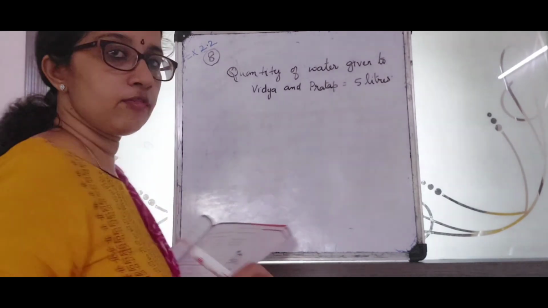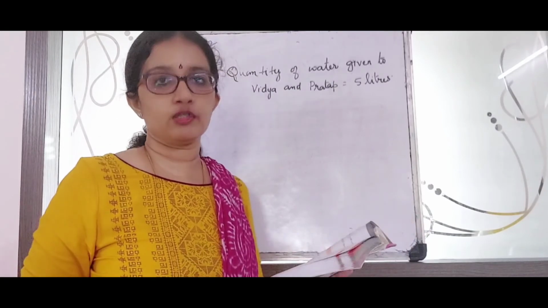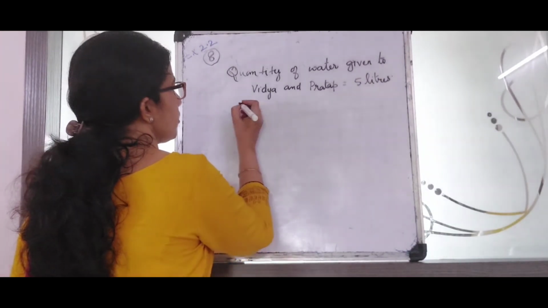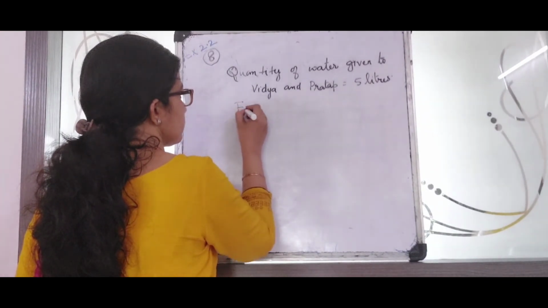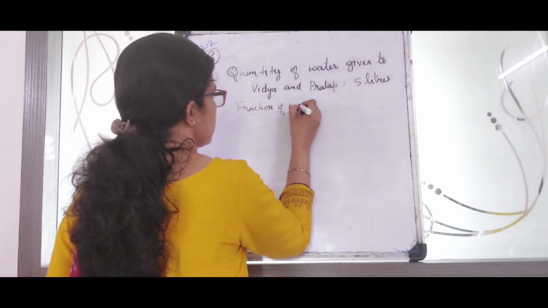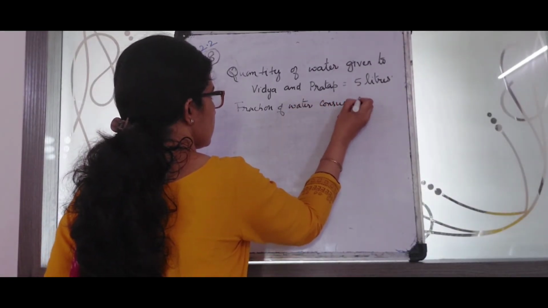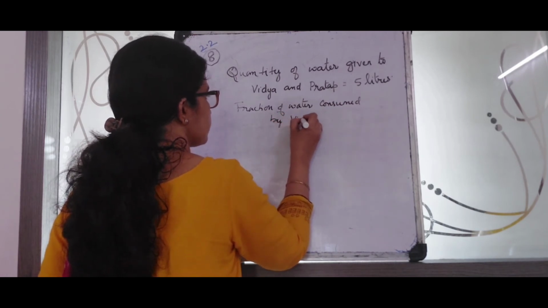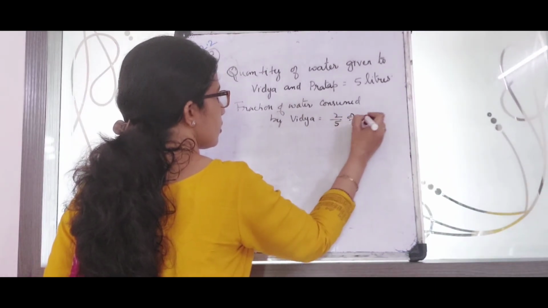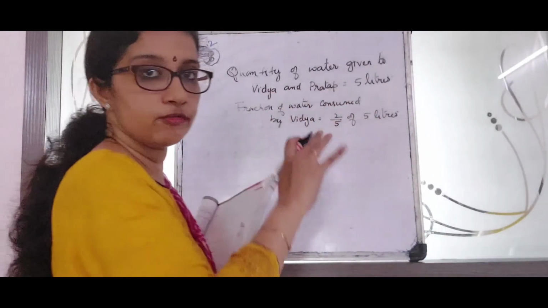Now they have given one more piece of information, that Vidya consumed 2/5 of the water. So the fraction of water consumed by Vidya is equal to 2/5 of 5 liters, right? 2/5 of the total water Vidya consumed.